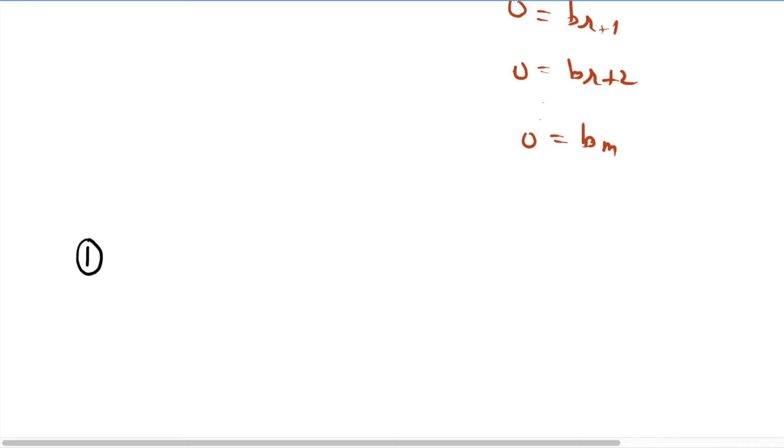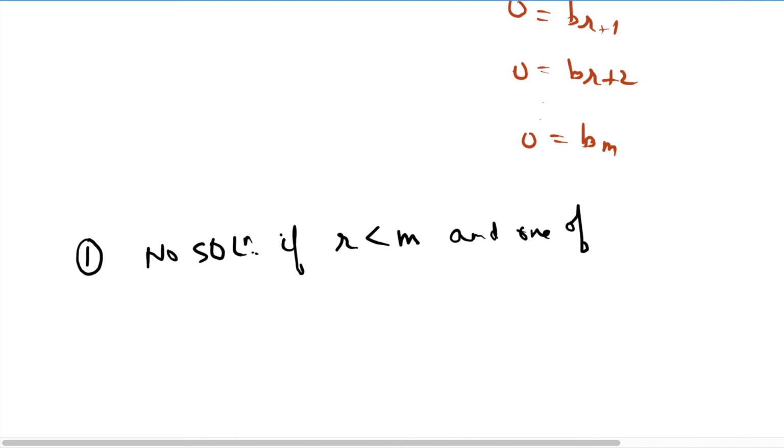There is no solution if r is less than m and any one of br plus 1, br plus 2, up to bm, with the tilde, is not 0.